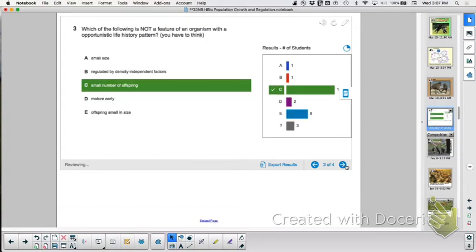Okay, number 4. Which of the following is not a feature of an organism with an opportunistic life history pattern? Now, in your mind, when you get a question like that, first of all, you need to pay attention to the capitalized word which says not. And then you need to think about opportunistic. Opportunistic, are you big or small? Small.